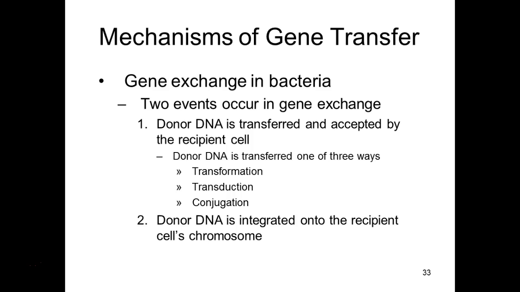So sometimes when we change bacteria in the lab, unless we have a selective pressure for them to keep that DNA, in the case of making green fluorescent protein, do you really think that's beneficial to a bacteria to glow green? No, and there's no environmental pressure for them to be like, oh, I have to keep this.